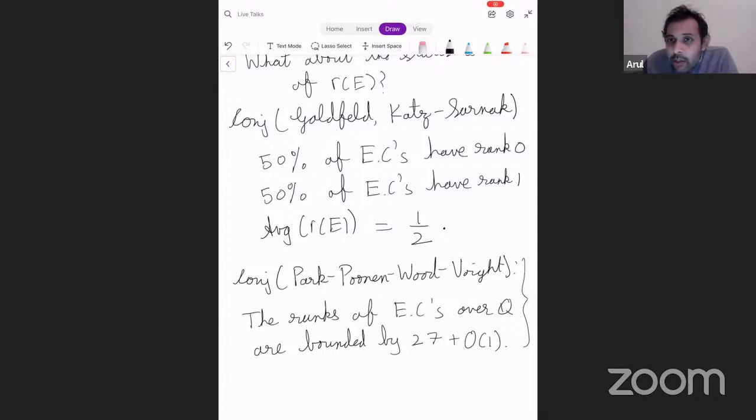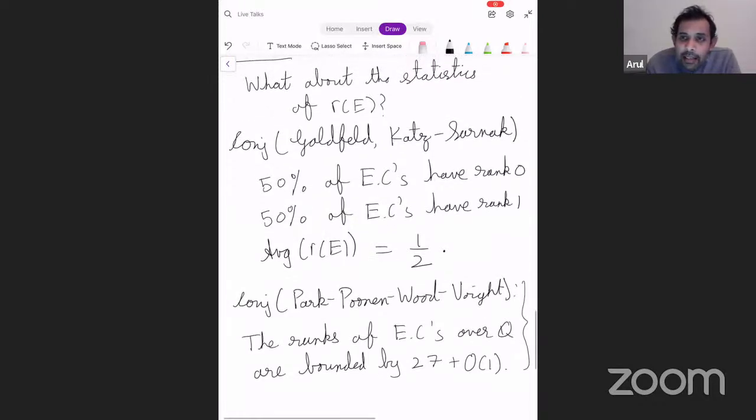It's a much harder thing to understand how erratic elliptic curves with high rank might behave. However, as is common in arithmetic statistics, if you're asking about something on average, then you expect things to behave very well. So you can see this conjecture of Goldfeld and Katz-Sarnak basically says that on the whole, elliptic curves are very well behaved. Half of them have rank 0, half of them have rank 1, and the average rank is a half.